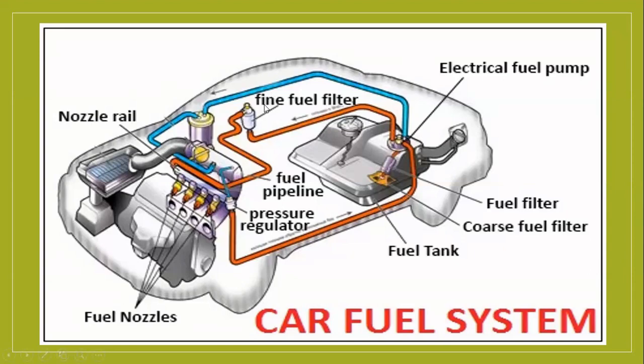Yes, you see fine fuel. Here there are the normal fuel filter, coarse filter, fine filter. So this is given to the next part, then it comes through this line to the next stage.